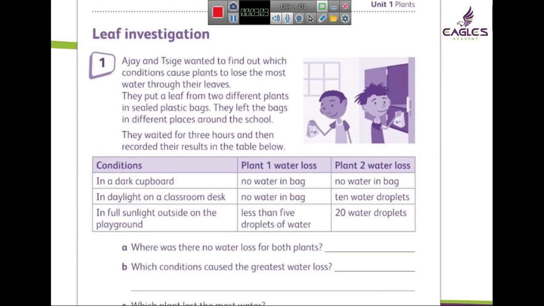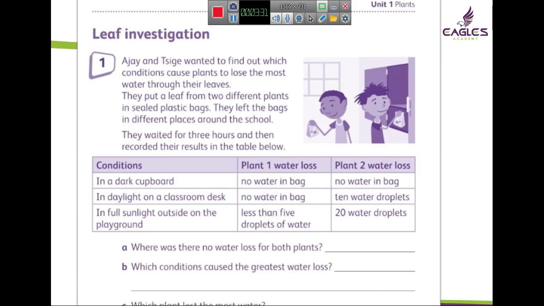Okay? They took a leaf from two different plants and put it in a sealed plastic bag. They left the bags in different places. Why do you think they did this? Why did they leave the bags in different places?